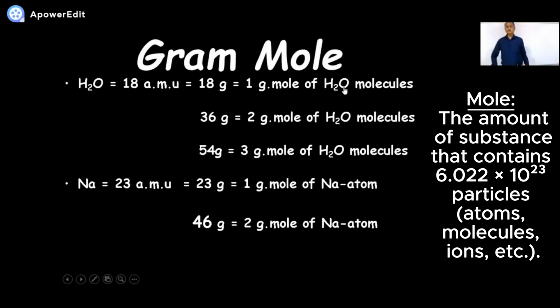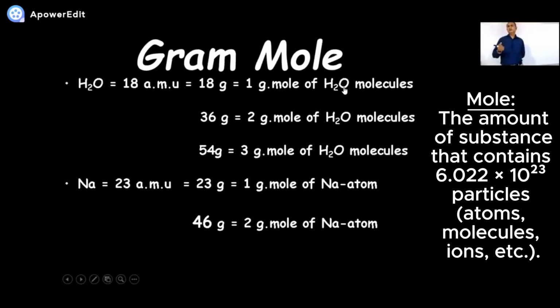Similarly, you can see on the screen sodium. The first one was the example of a molecule, a compound. The second example is sodium. It is an atom. It has atomic mass. What is the atomic mass of sodium? 23. If you represent it in gram, it will be called gram atomic mass, 23 gram. So, by definition, if you represent molecular mass or atomic mass in gram, then it will be called mole.